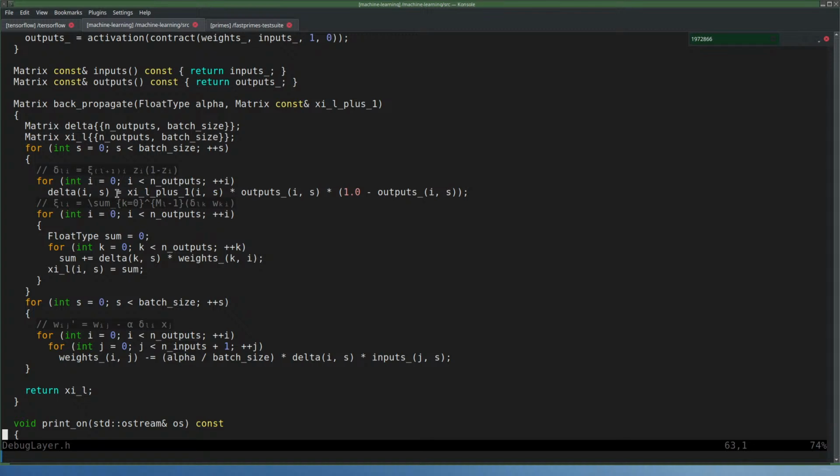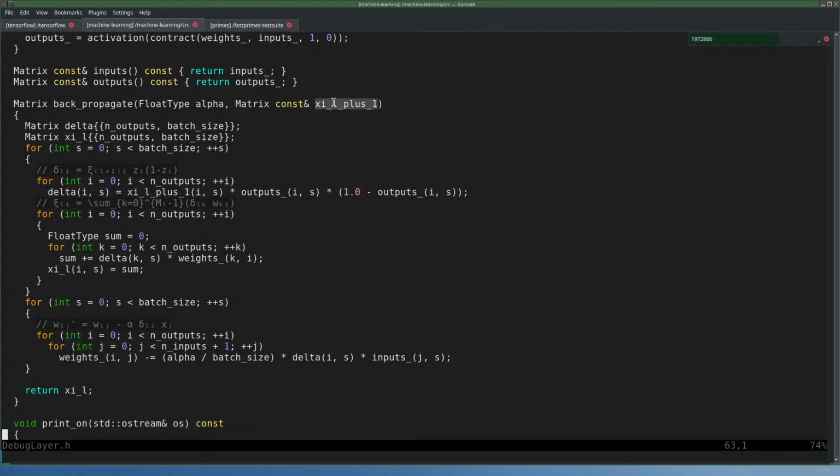The rows run over all the outputs, and that is exactly one output at this point. And then over the samples, so that's 9 of them. And then they take the xi of that times the output that belongs to that times 1 minus the output. That's the initial xi value. No, it's not true.